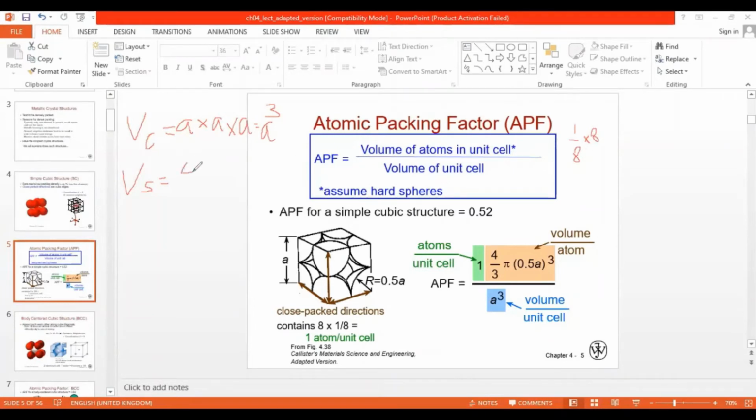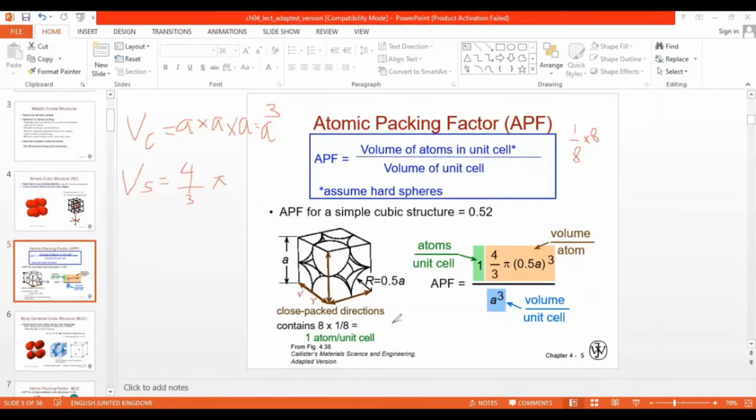So the volume of sphere is 4/3 pi r cube. Now r, you know, this is a for the cube. In 1 a there is 2 r, right? You see 2 sphere parts are here. So I can say this as r and this as r, right?